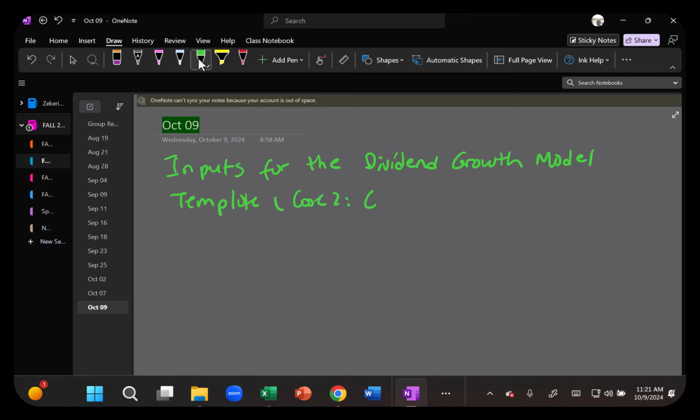Case 2, which is the general case. We're going to basically build a calculator. I mean, that's our idea. Well, I'm going to need to know R, the required rate of return.